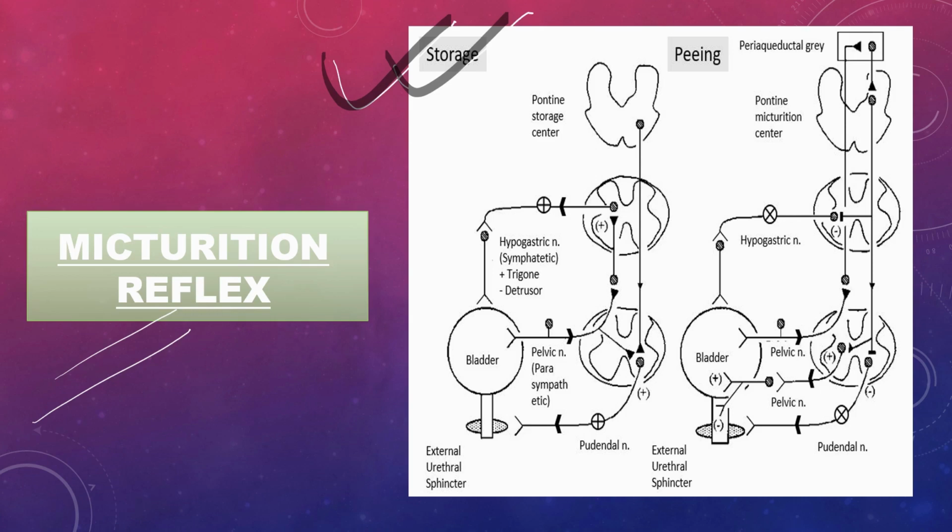This will lead to the flow of urine into the urethra, causing the stimulation of the stretch receptors present further. This will lead to the relaxation of the external sphincter, causing the release of urine. In this way, the entire micturition takes place.